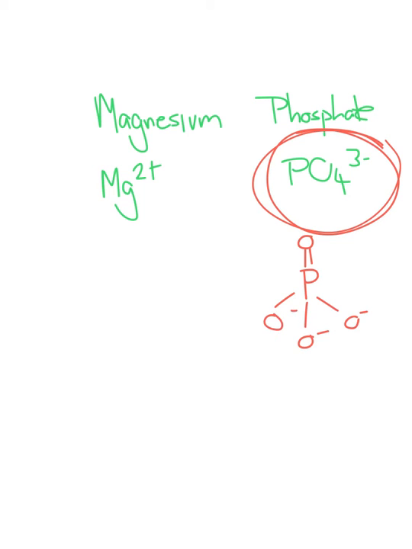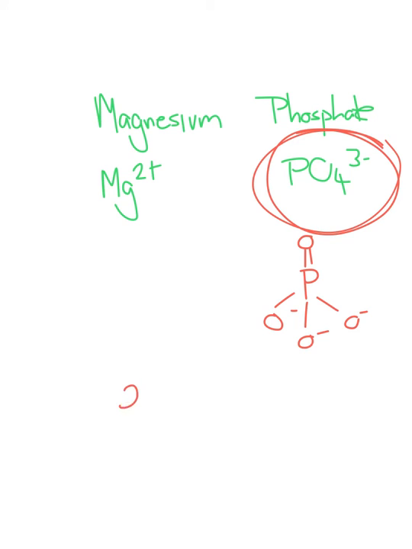You've got 4 oxygens around there and 3 minuses. That whole thing bonded together gives you the ion PO4 3-. It's really important to remember that the charge is for the whole molecule, not just for one element on there.